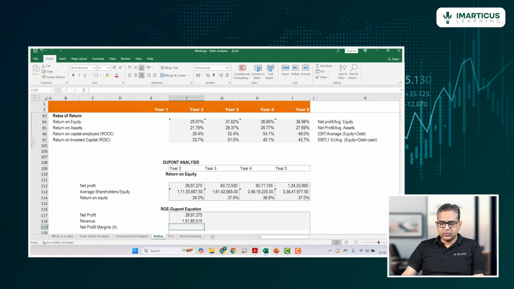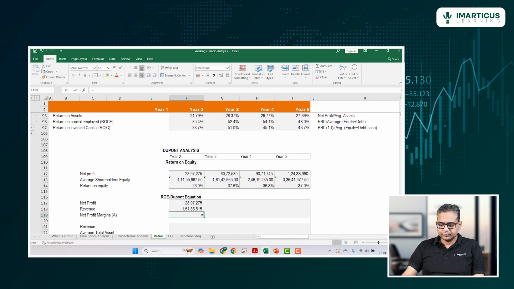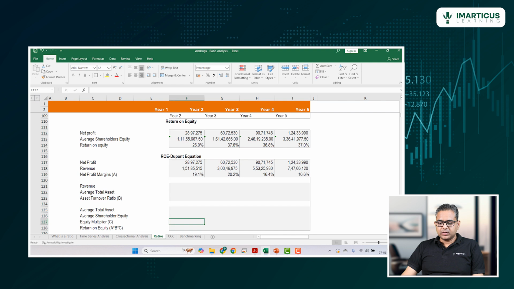This is our revenue. So net profit margin is this much. So this is our net profit margin.